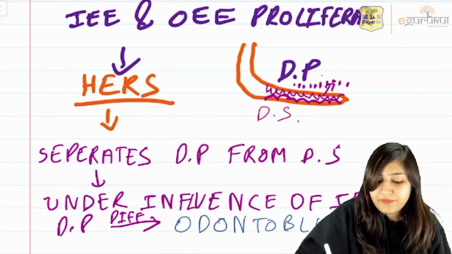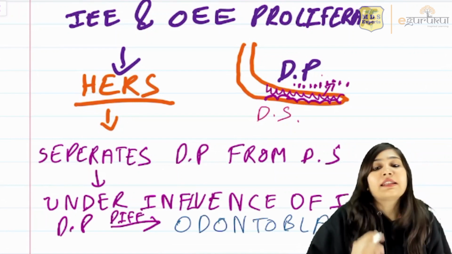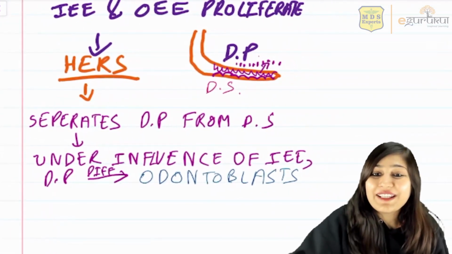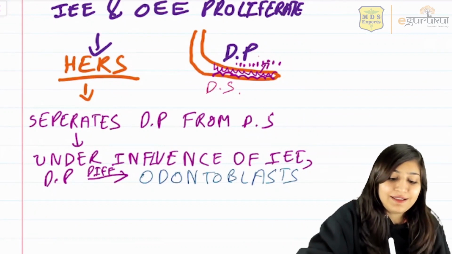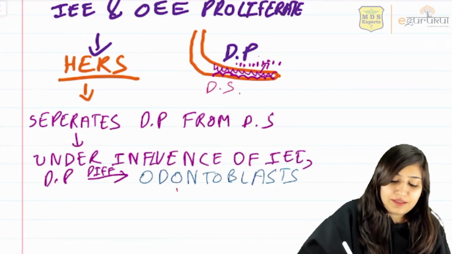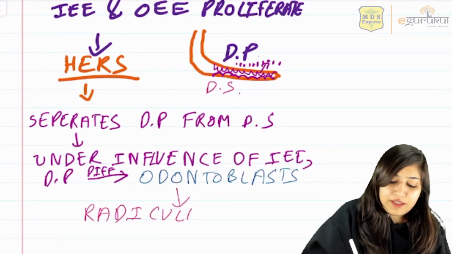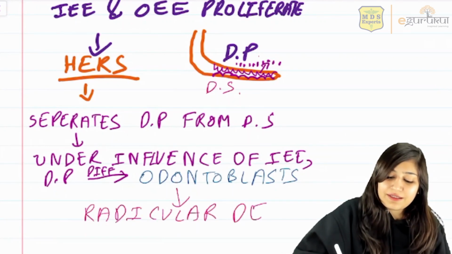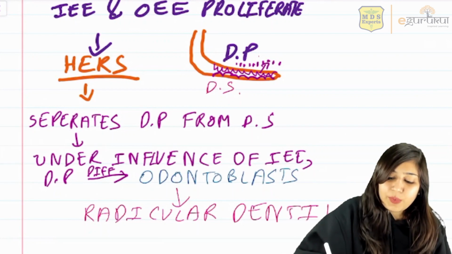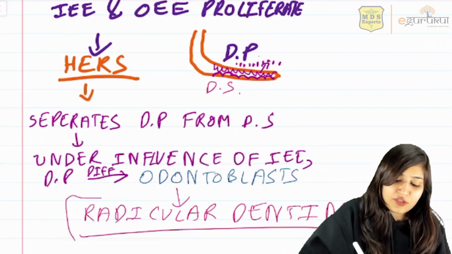Odontoblasts. And these cells then start formation of what? Radicular dentin. So this way radicular dentin is also formed.